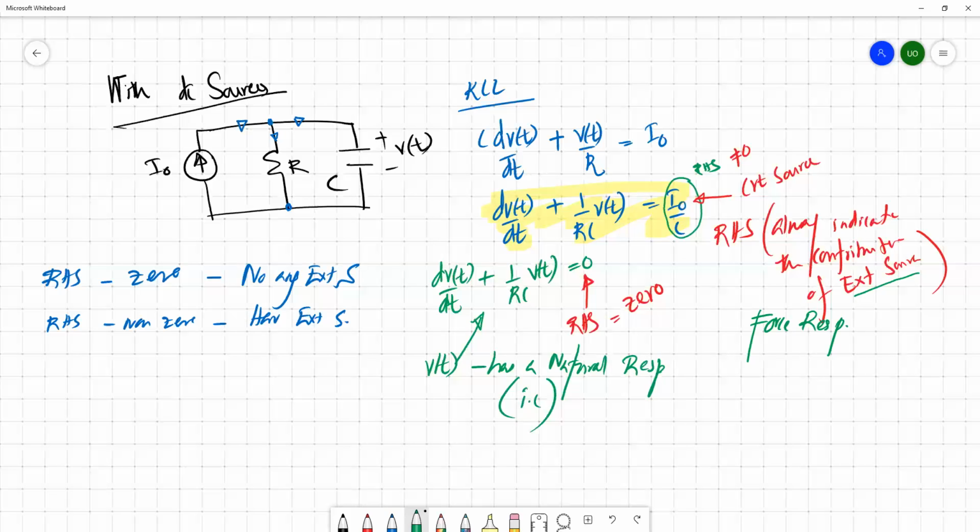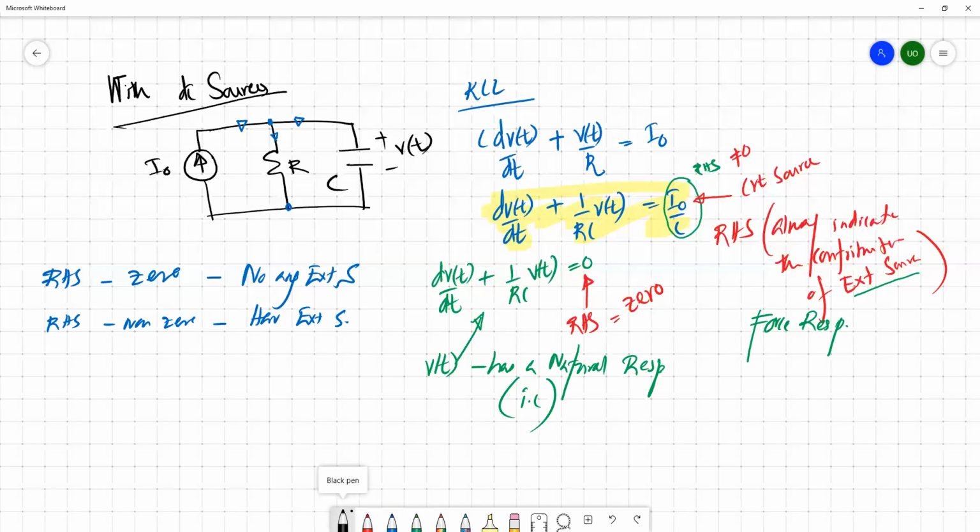Once you connect a source, it forces the circuit to operate according to the values of the source. So the contribution of the source comes to the picture as a forced response, and the contribution of the initial condition of the energy storing elements, capacitors and inductors, comes as a natural response.